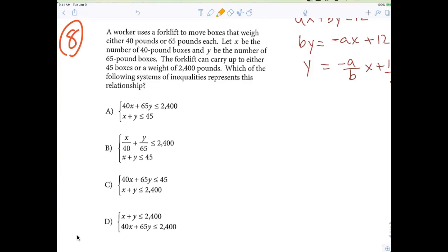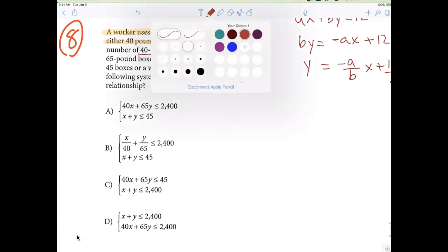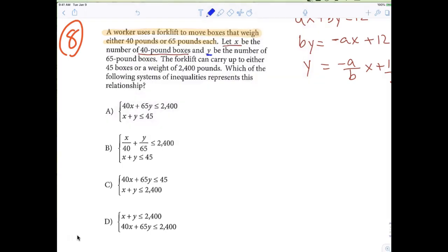A worker uses a forklift to move boxes that weigh either 40 pounds or 65 pounds. So we're going to let X be the number of 40 pound boxes, and we're going to let Y be the number of 65 pound boxes.